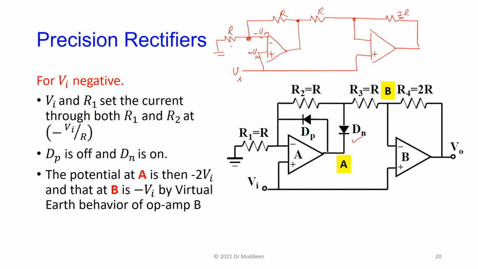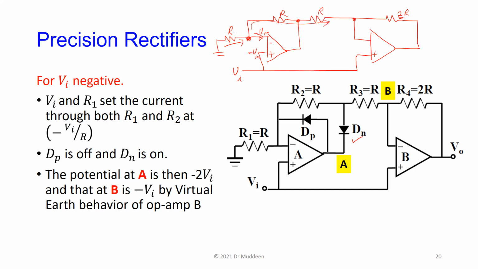We have nothing inside of here. The current through this resistor will be minus V in over R. And since that current can't go into the op amp, because the op amp is taking nothing, it is going through these two resistors here.